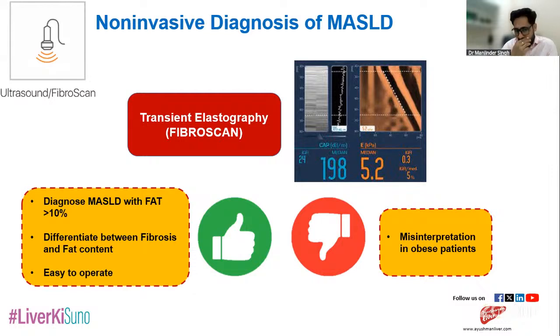It can quantify fat as low as 10% and is helpful to differentiate fibrosis and fat content. And it's easily operable, and there is some drawback of it too, especially if you use a lower probe size for these patients. So there can be a misinterpretation.